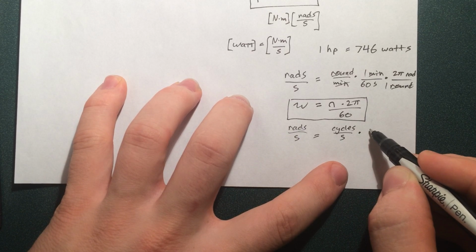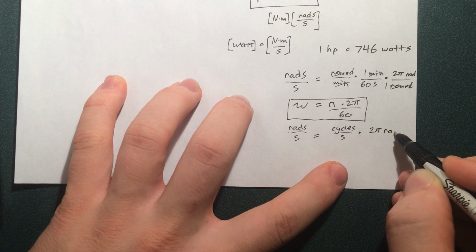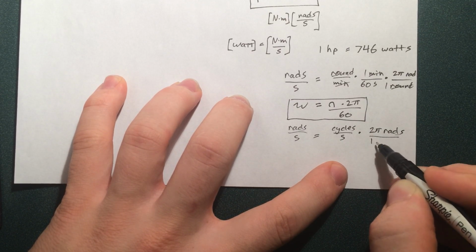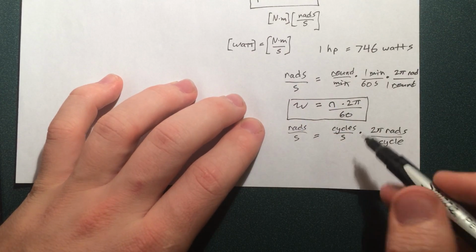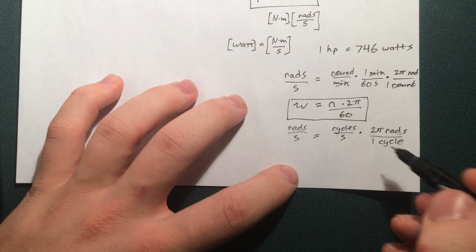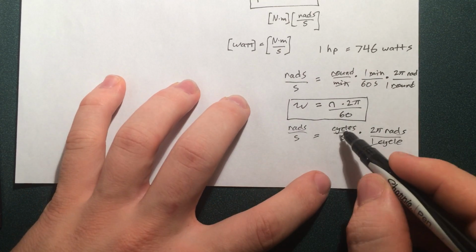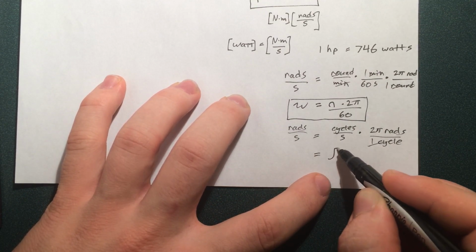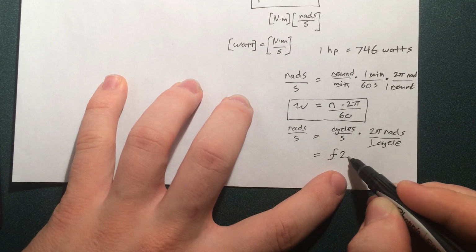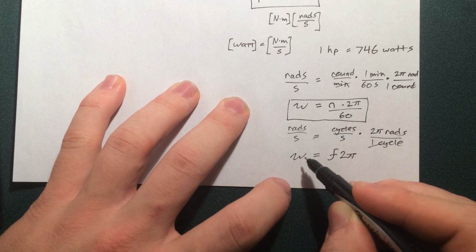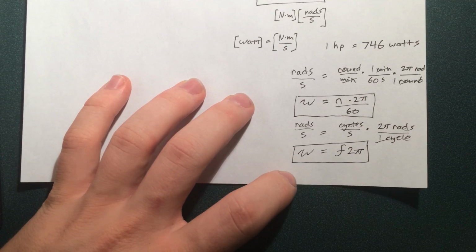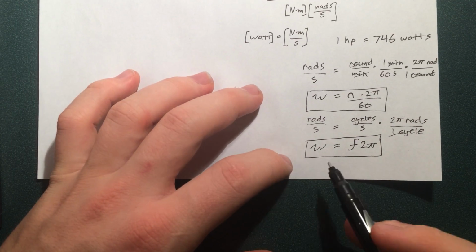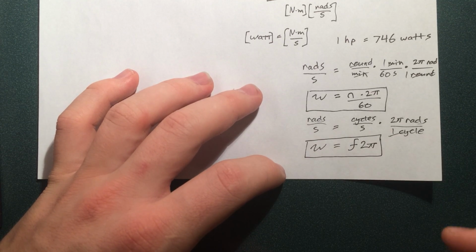Well, there's 2 pi radians in 1 cycle, because a cycle just means starting at some point and going all the way around to that point again. So cycles per second, frequency, usually F, times 2 pi equals W, or omega.